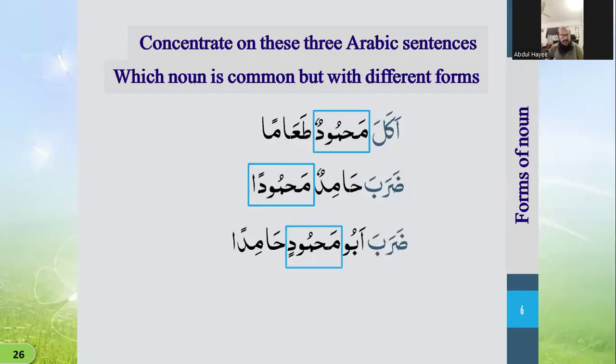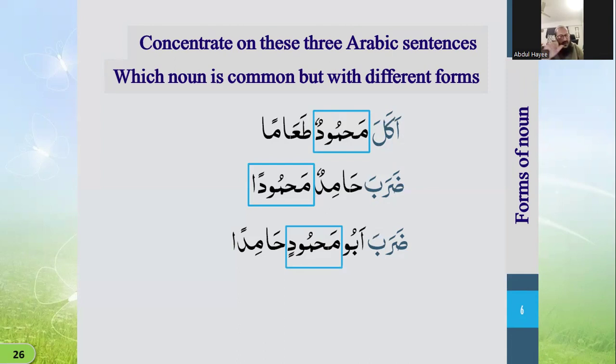If I say Daraba Abu Mahmudin Hamida, Mahmud's father hit Hamid. Now who is the fa'il in this case? You will say Abu, who is hitting, because it has a dhamma. Who is having the relation with Abu? Mahmud, because it's majroor, it's having the kasra. And who is getting the hit? Hamid, because it is mansub, it is having the nasb.